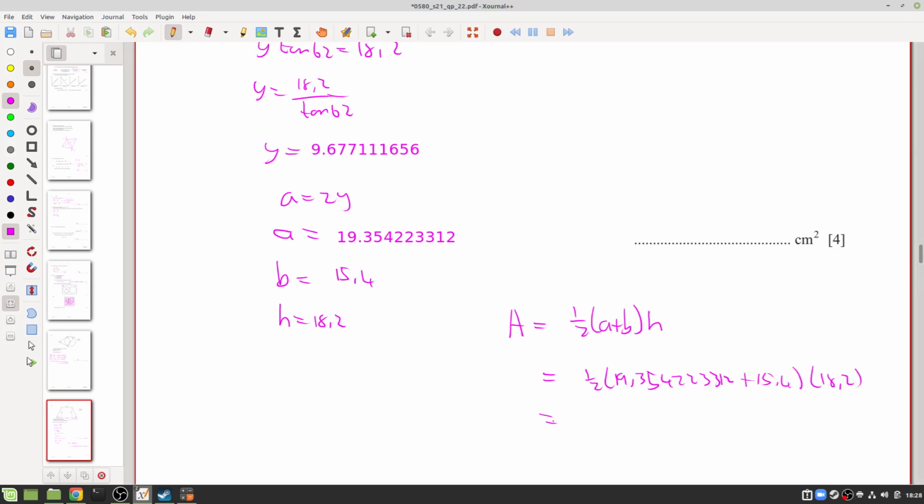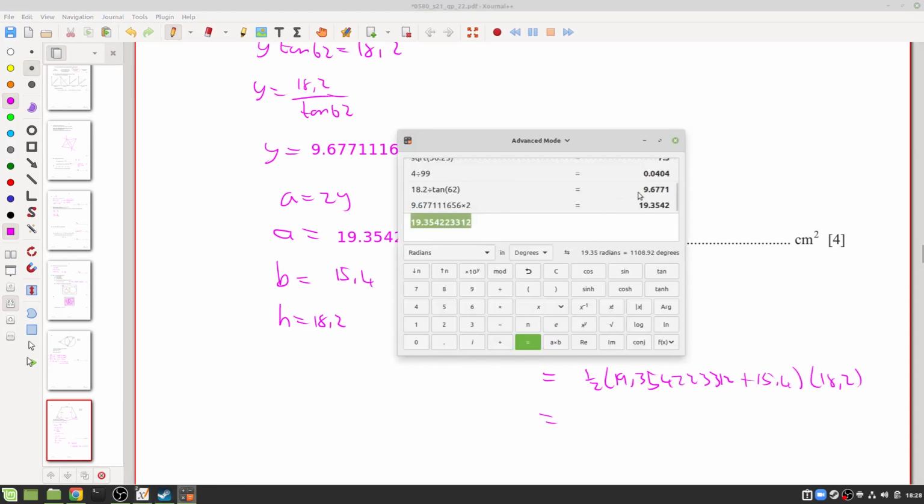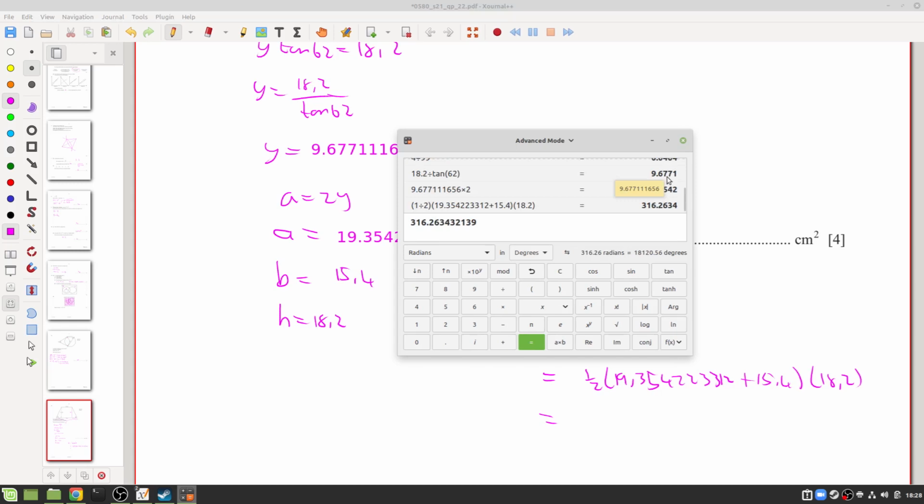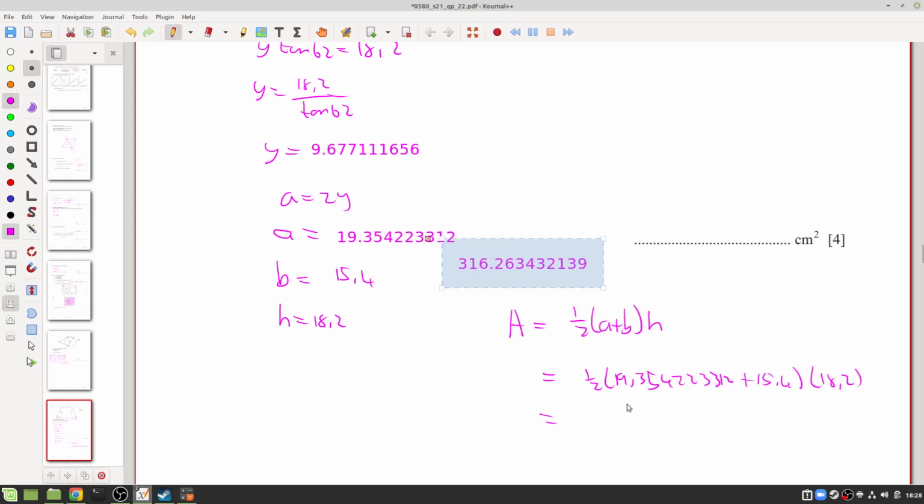Okay, so let's just type all of that in the calculator. So we've got a half times 19.354223312 plus 15.4, and we times that by the height 18.2. So 316 point something something. So that's the area, and we want to round off to 3 significant figures, so that's just going to be 316.